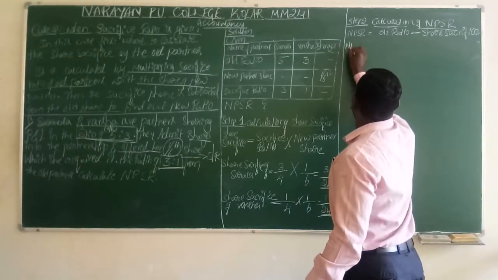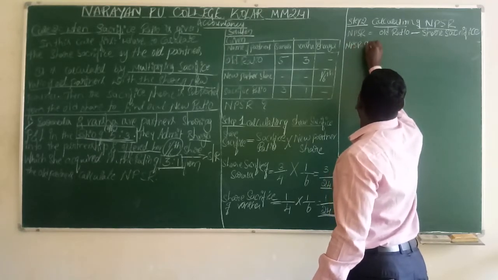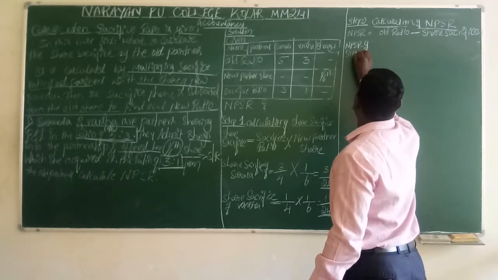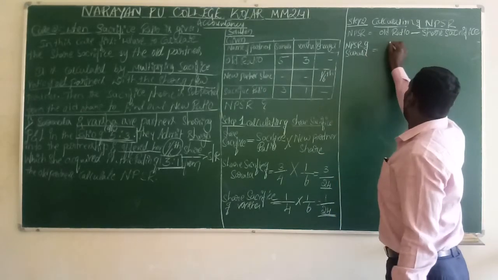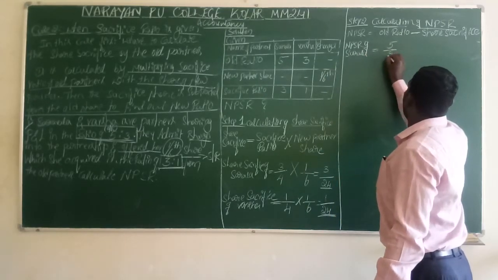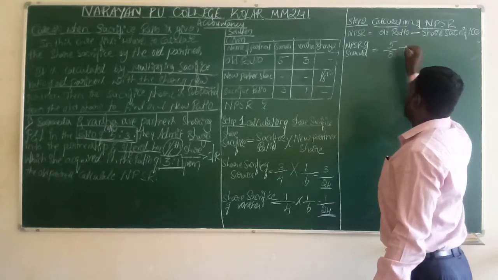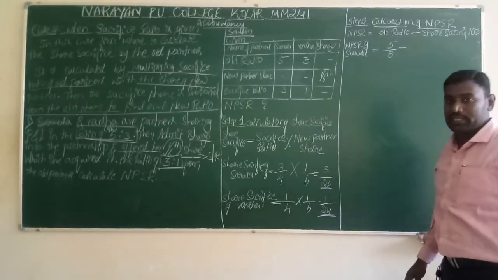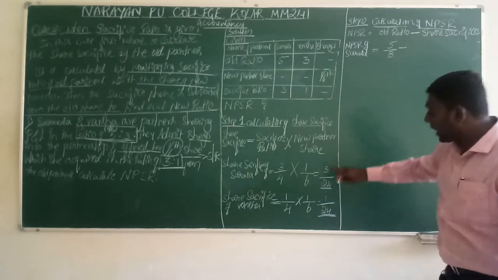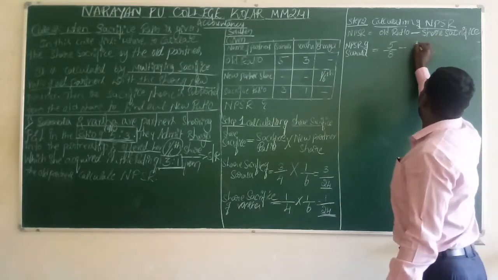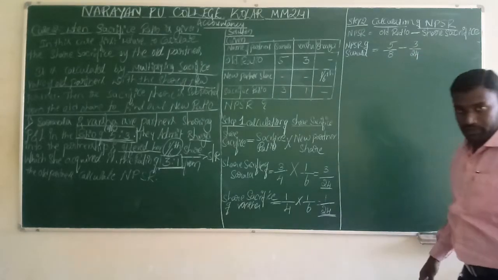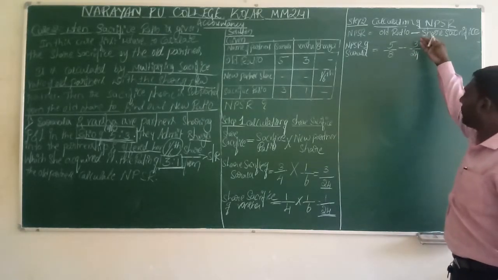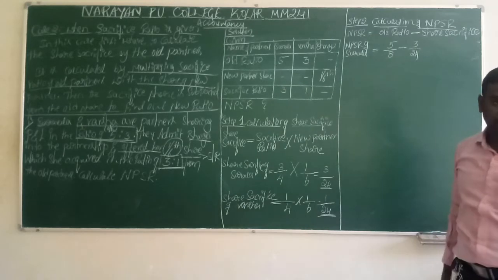First, NPSR of Sarala is equal to old ratio 5 divided by 8, minus, as the minus symbol is there, share sacrifice 3 divided by 24. As the information is given, we implement it.